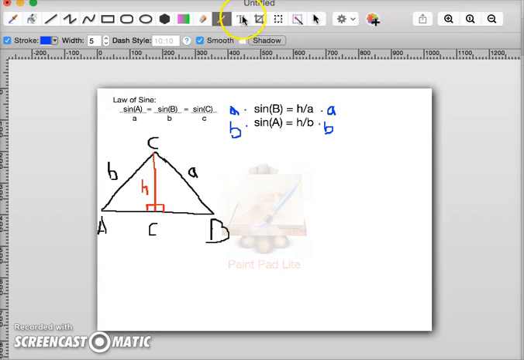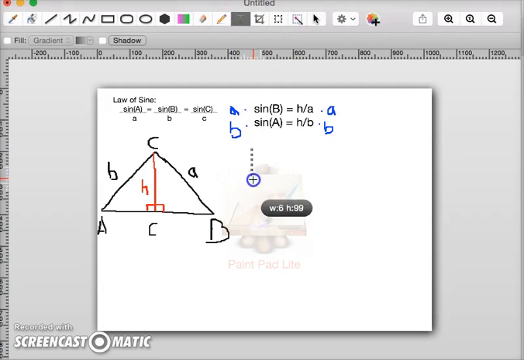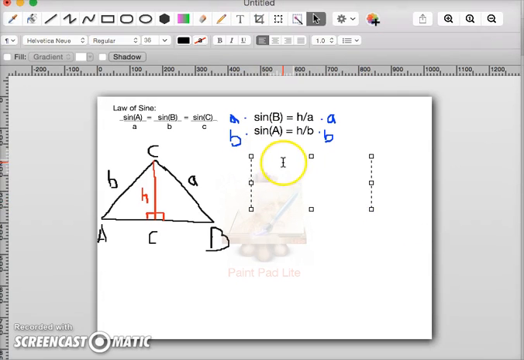So our new equation would look like this: a times sine of angle B equals H, and b times sine of angle A equals H as well.